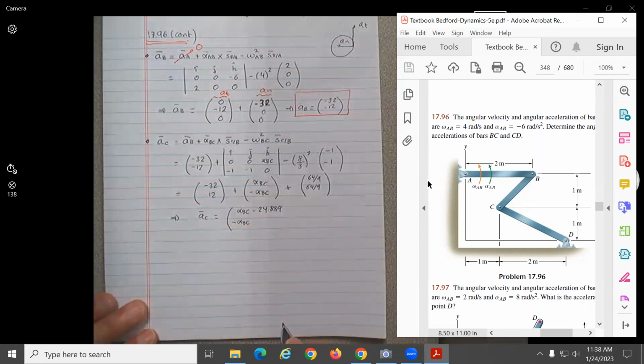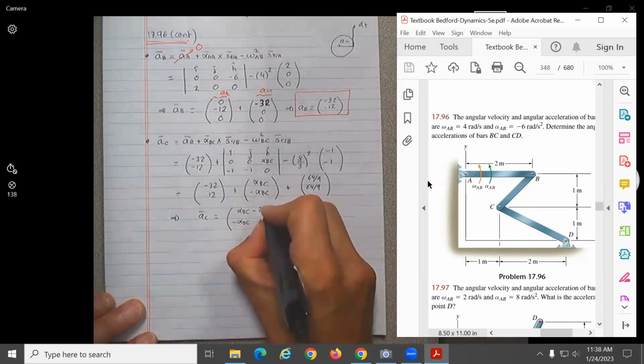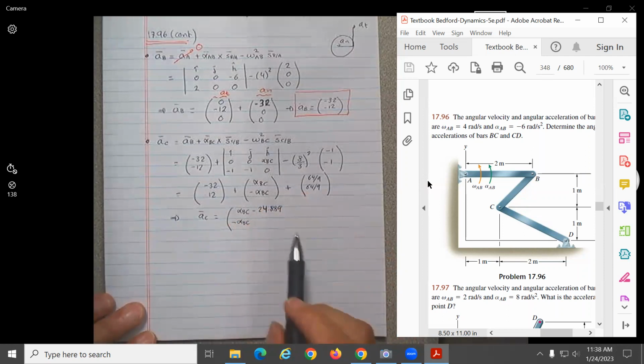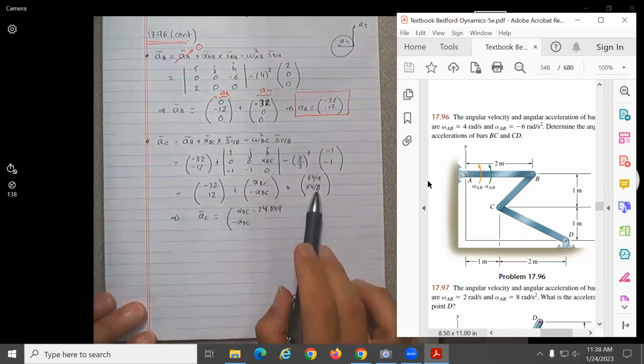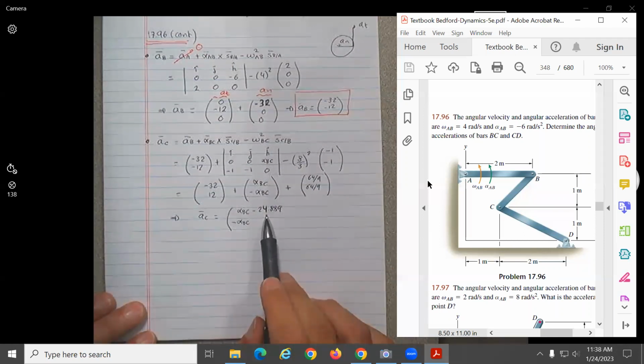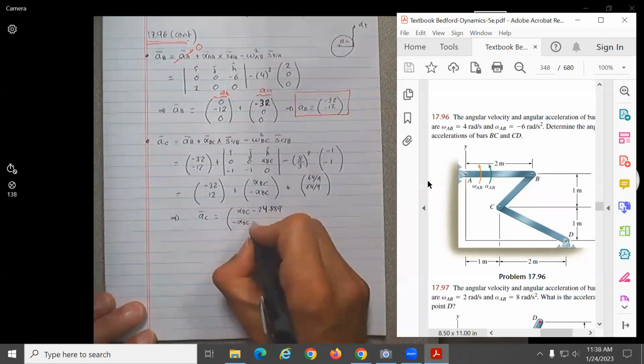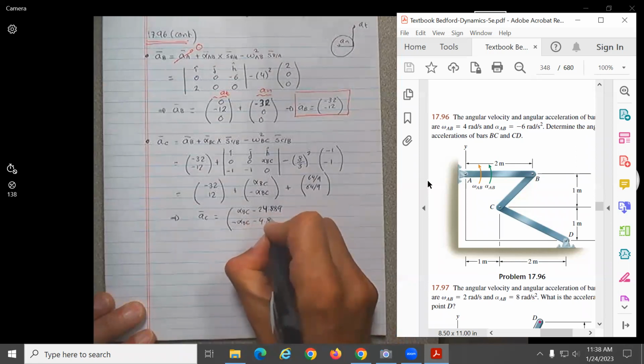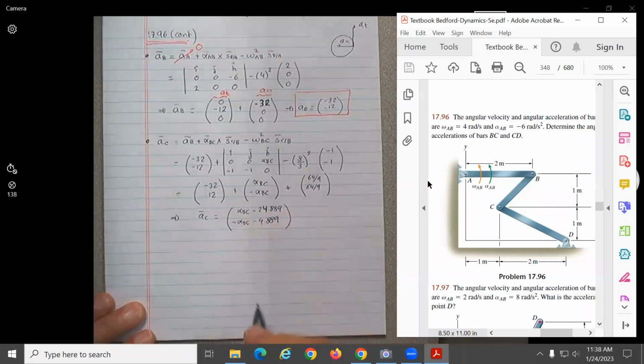No, the other way around. Let me see. Is the 12 plus supposed to be 64 positive or negative? Yeah, so it's negative. So it should be this negative 12 difference. So negative 4.889. Yes.